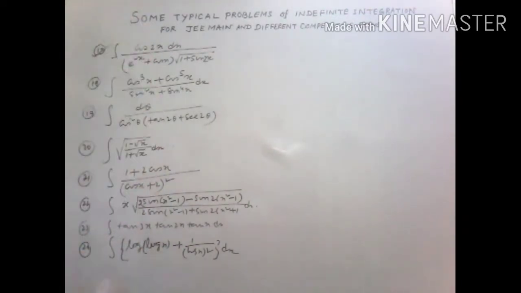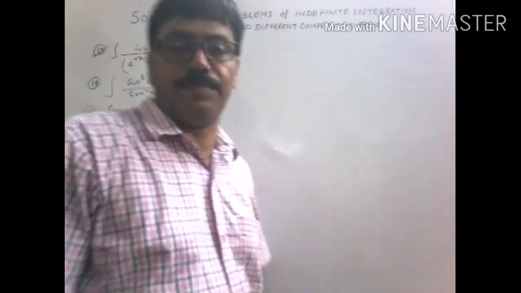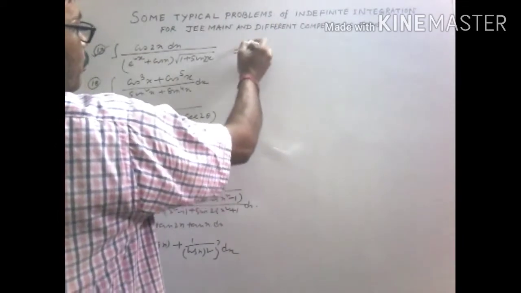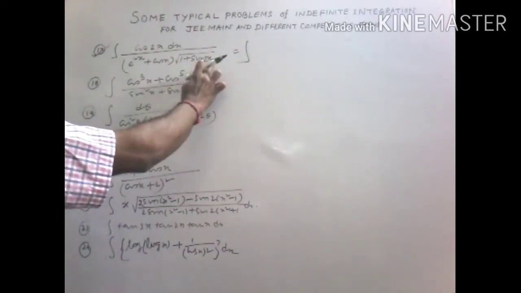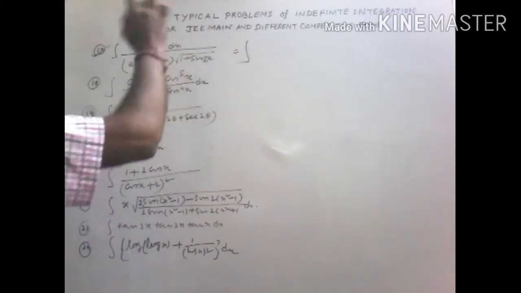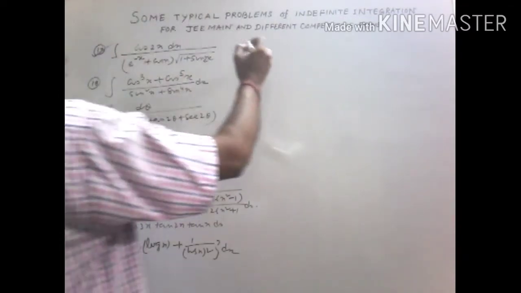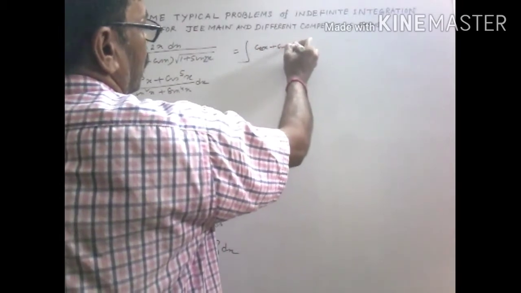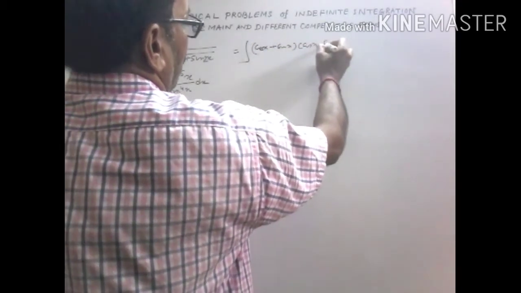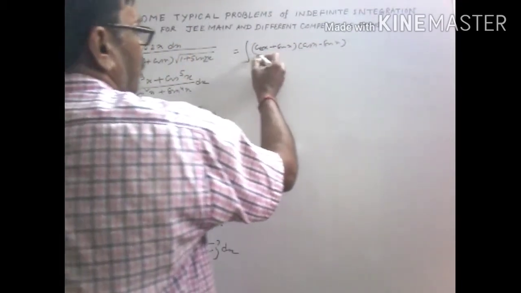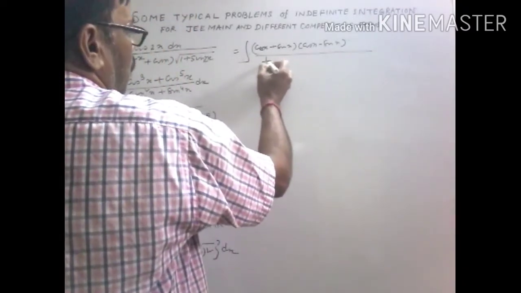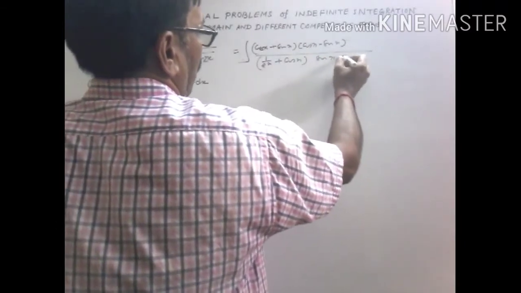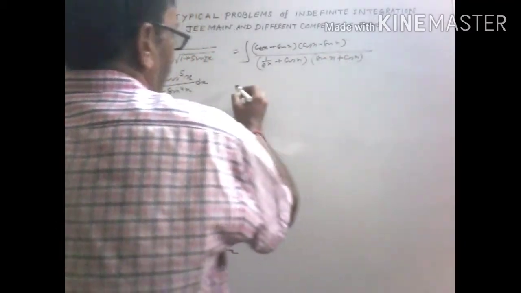So look, problem number 17. So this is a simple problem. So you need only calculation. So look, cos 2x, it is cos x plus sin x, you know, if it is in the first quadrant, and this is cos 2x is cos x plus sin x, omitting one step, and this is cos x minus sin x, and this is 1 by e to the power x plus cos x, and this is sin x plus cos x.